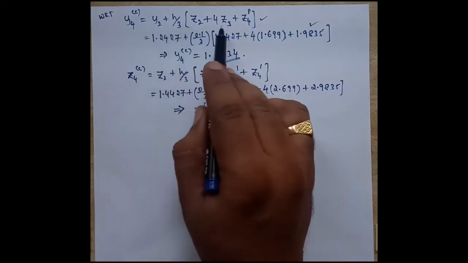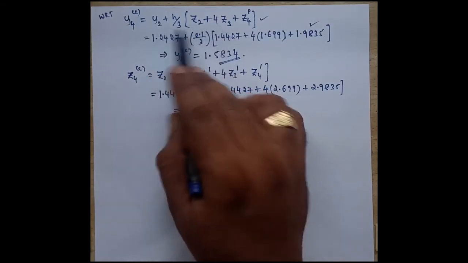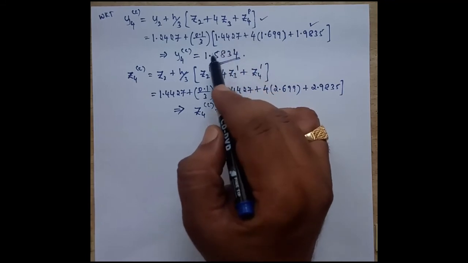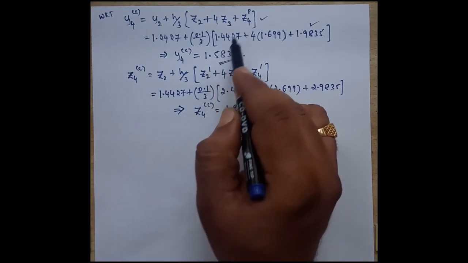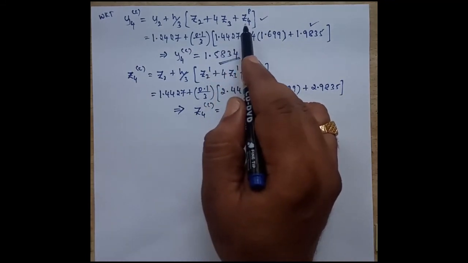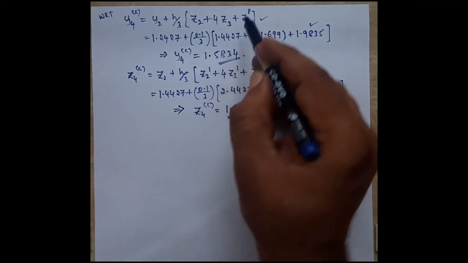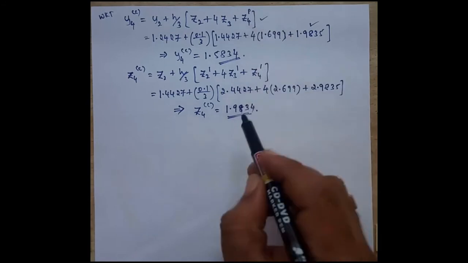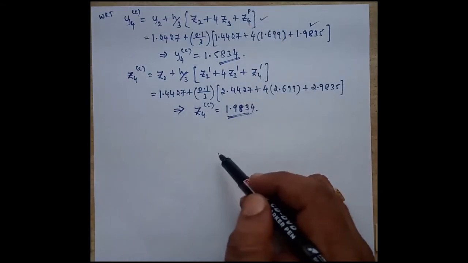These things you can get from the table. But to calculate the corrected value the first time, I used the predicted value. While calculating the corrected value the second time, instead of this predicted value, I'll use this corrected value.